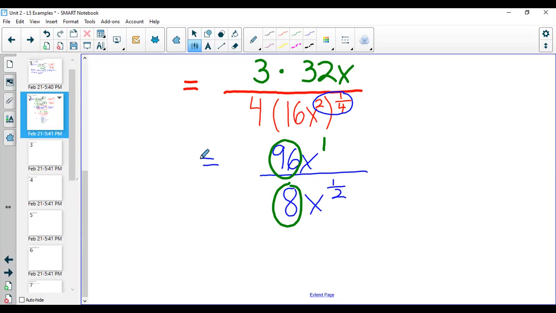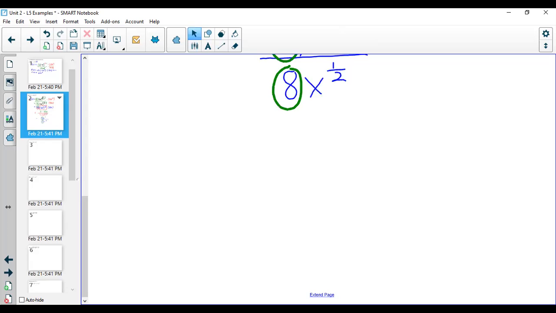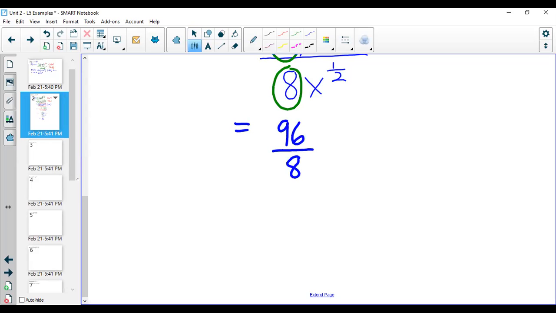Essentially what I can do is write this as another step: 96 over 8, and I have x to the power of 1 minus 1/2. My final answer is going to be 12 root x.